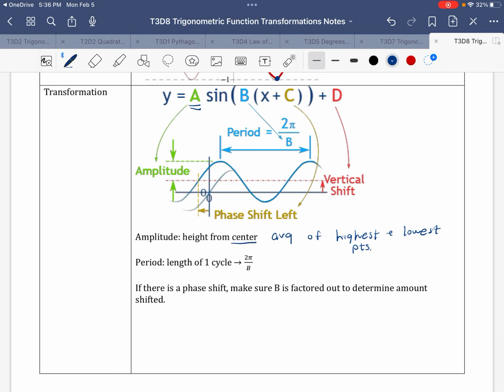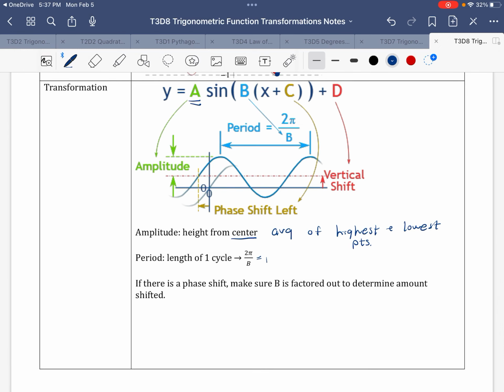The period of your trigonometric function is how long it takes for your graph to repeat its pattern, right? So in order to find the B value, which is related to the period, you need to do 2 pi over B equals the period.